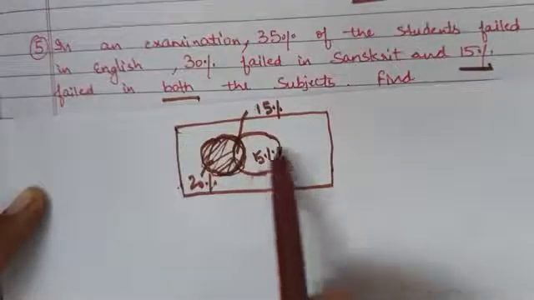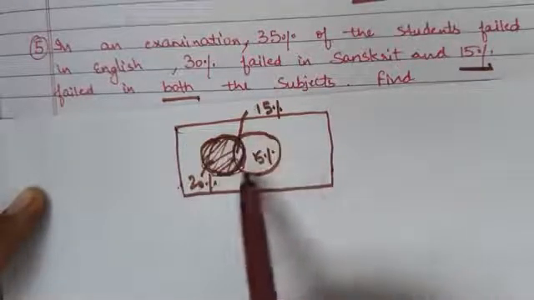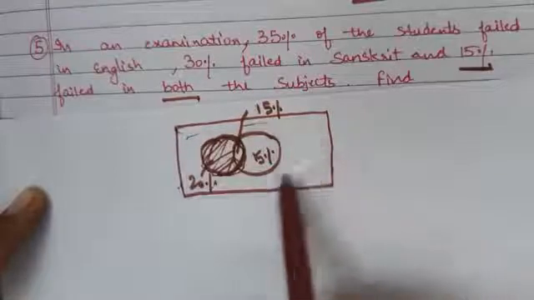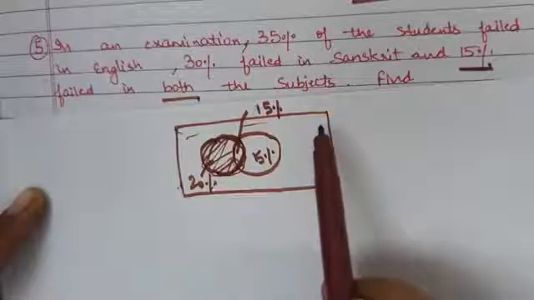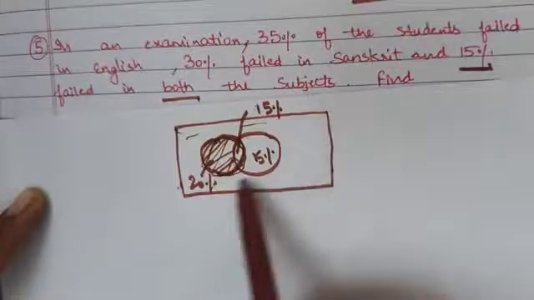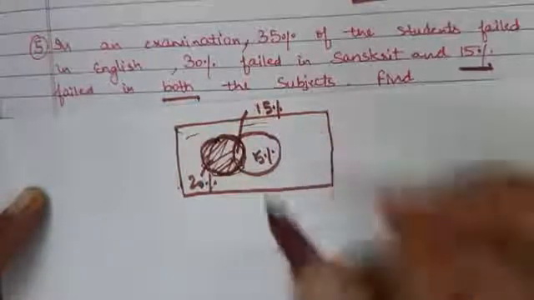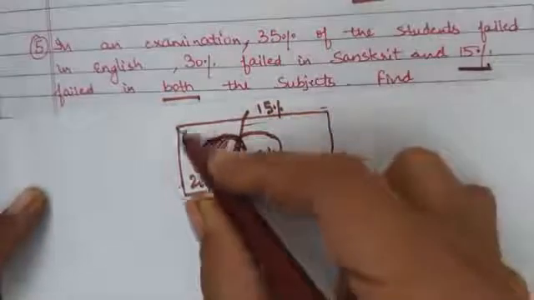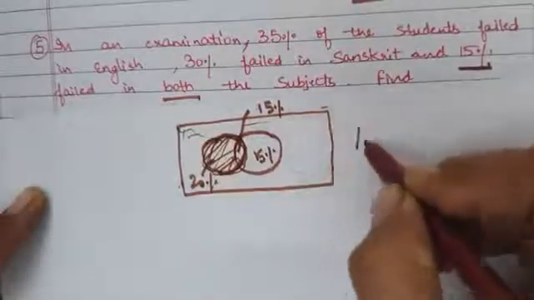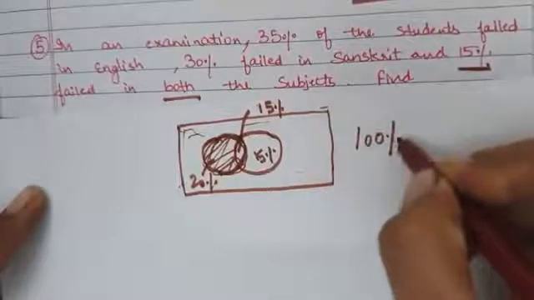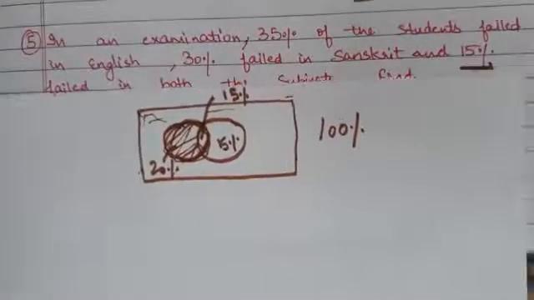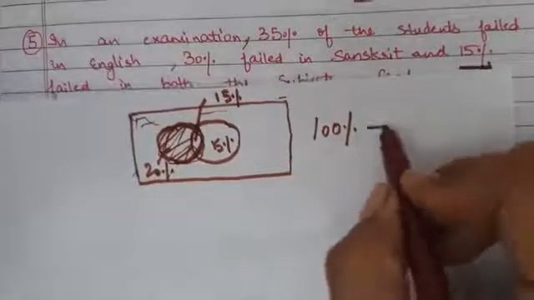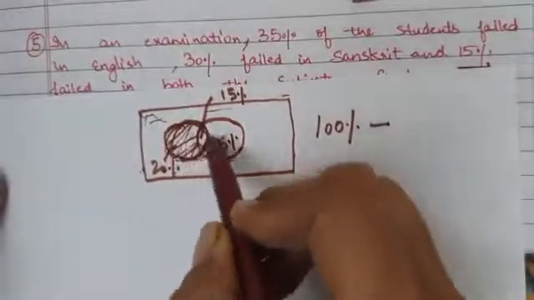Now you have to find the number of students who passed in both the subjects. These are the failing parts, so this will be the passing part. How will we find this passing part? We take the whole as 100%. Out of 100%, we subtract this whole part.